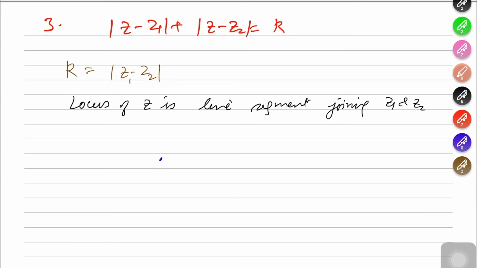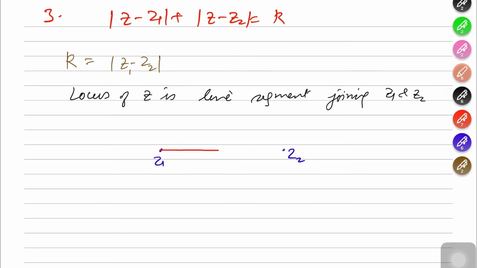So clearly somewhere is Z1, somewhere is Z2. The locus is just a line segment. This is the locus of Z. This is the line segment joining Z1 and Z2. Okay, so this is for K equal to |Z1 minus Z2|.